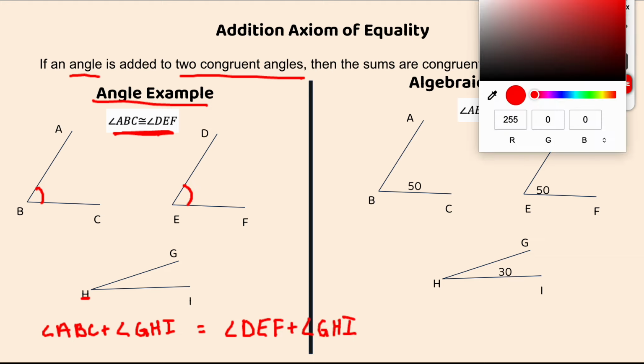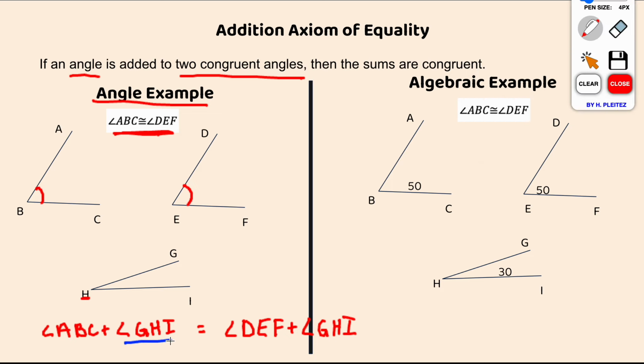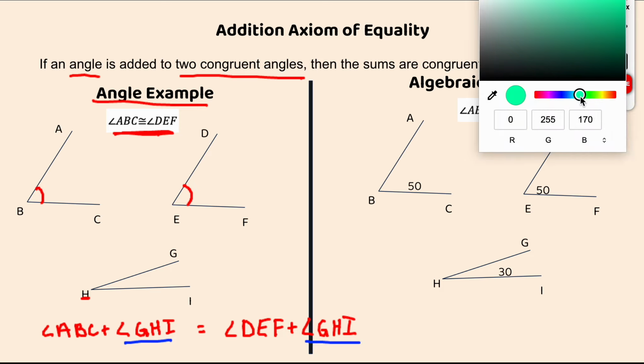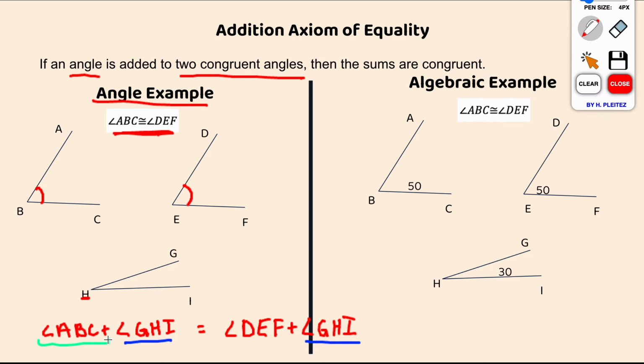What you'll see is GHI isn't changing. The measure of this angle is the same. However, ABC is being added onto it here, and DEF is being added onto it here. But we just said that these two angles are congruent to one another. So it doesn't matter whether it's ABC plus GHI or DEF plus GHI, since we know those angles are congruent, the sums are going to be the same.